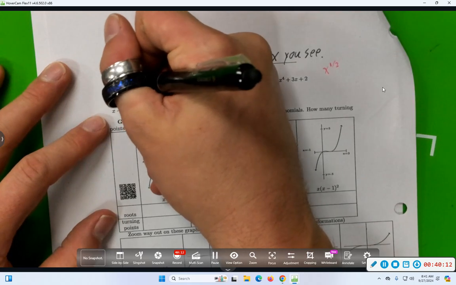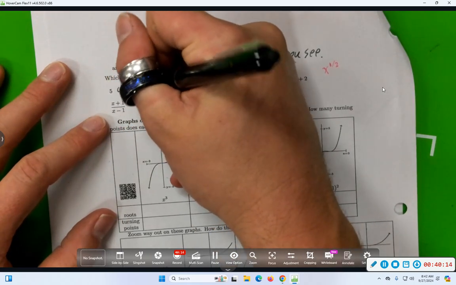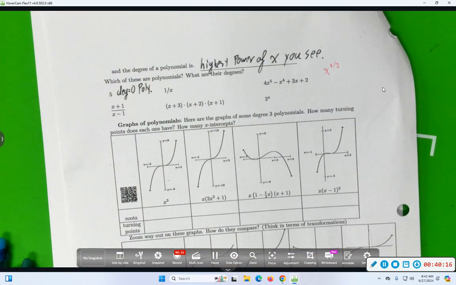Degree 0 polynomial. 1 over x. Is that a polynomial? Think on this for a moment. And now let's just see what your intuition is. How many people would want to say yes? How many people would want to say no? Cool. Those of you who would want to say yes, what degree would you want it to be? -1.